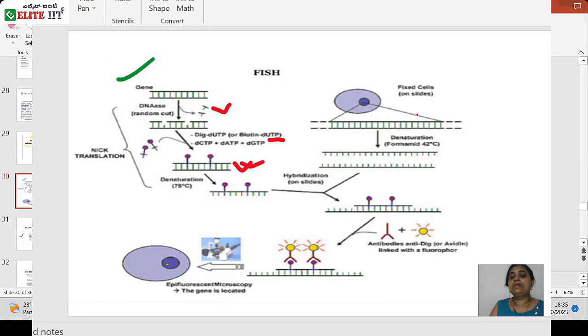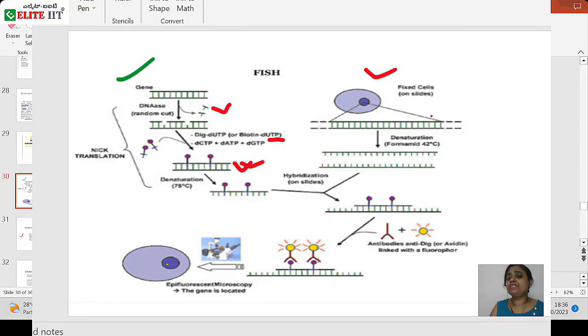Now side by side we have to do this. You have to first fix the cell. If you want to localize one chromosome which is present inside the cell, first of all you have to fix the cell, or fix the tissue from where you are identifying the DNA position.